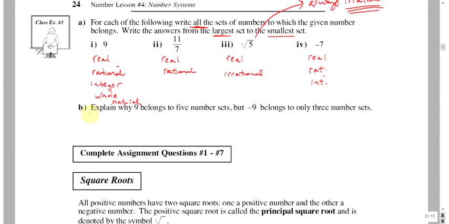Explain why. Everyone loves this word, explain, especially in math. Why does 9 belong to 5 sets? Here it is. But -9 only belongs to 3. Well, -9's like -7. Same thing, right? Why? Well, because it's natural and it's a whole number.